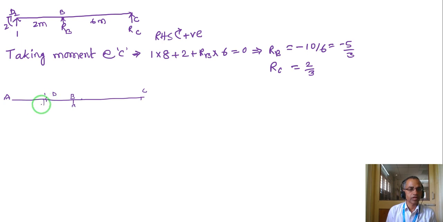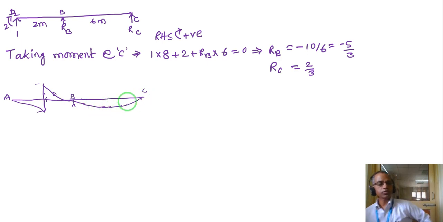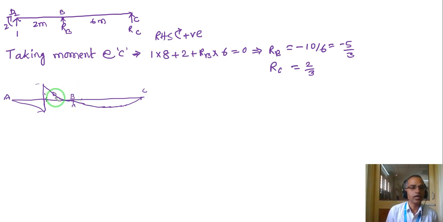So this section will come down, rotating with respect to A, and this portion goes up, and this total is unit, and goes down, and goes like this. This is a deformation which is nothing but my ILD. This is ILD.